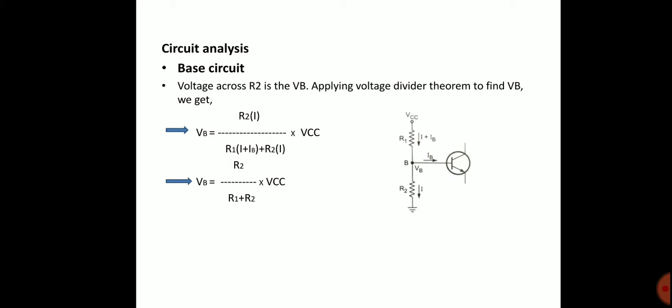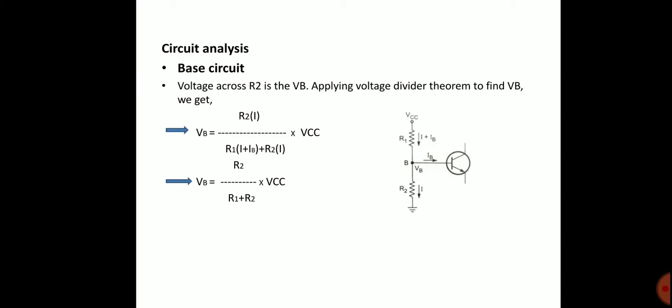The circuit is the base side. Let the voltage across R2 be VB. Applying the voltage divider theorem to find the base voltage, we get VB equal to R2 times I divided by R1 times (I plus IB) plus R2 times I, into VCC.